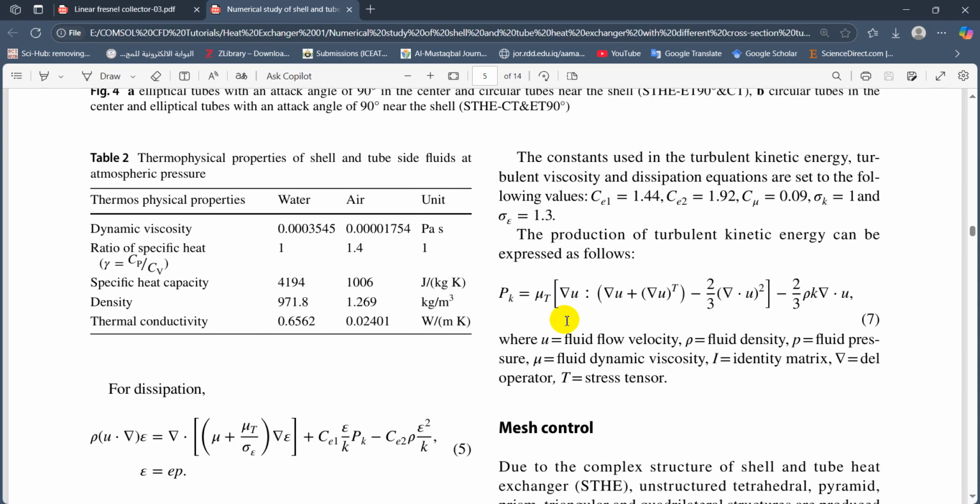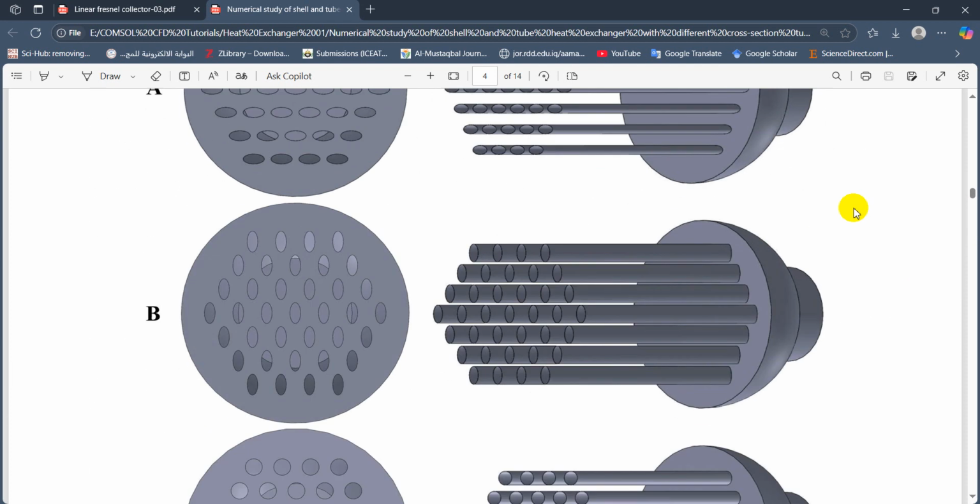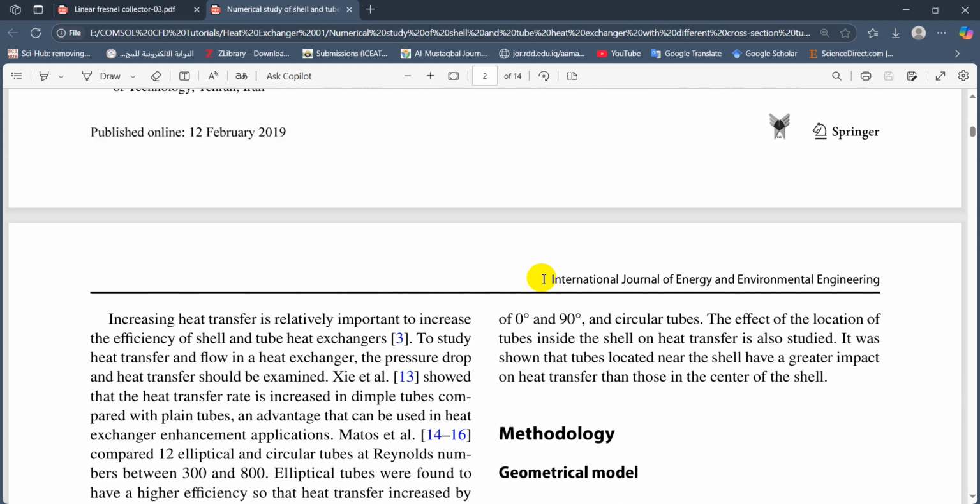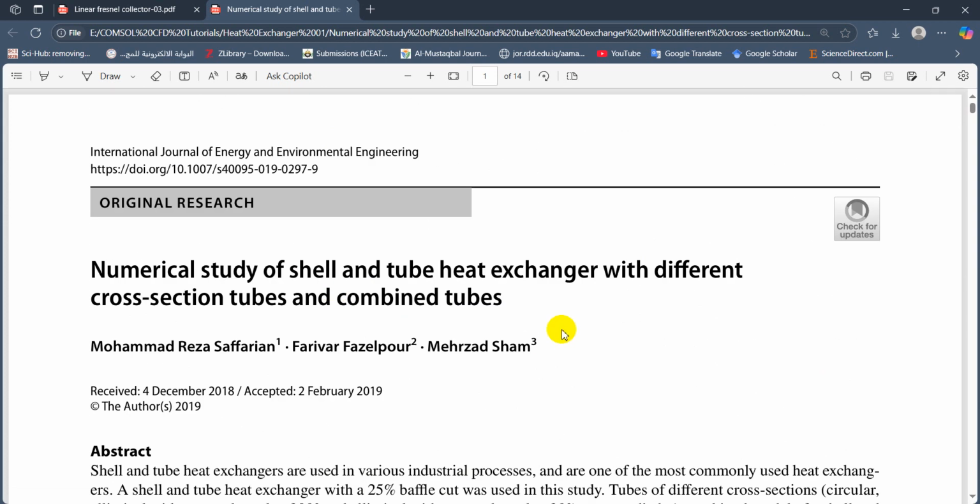Okay, some authors make a nomenclature table that illustrates each symbol, even the Greek symbols. But this author presents it in a different way. For example, you can see they don't use a nomenclature, which is normally or generally located here on the first page.